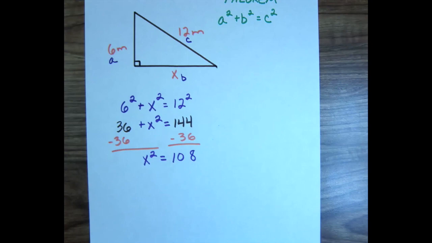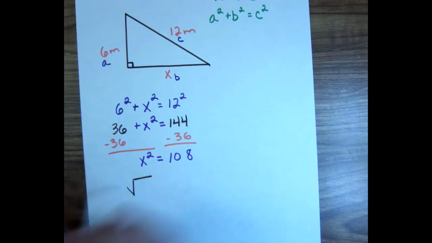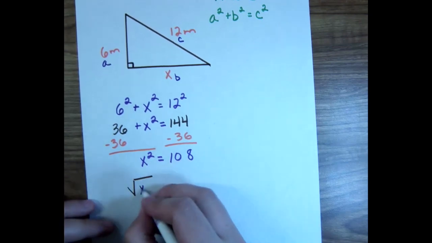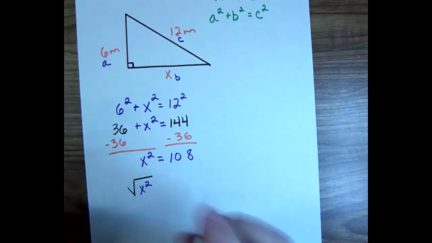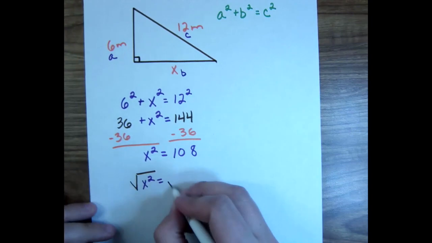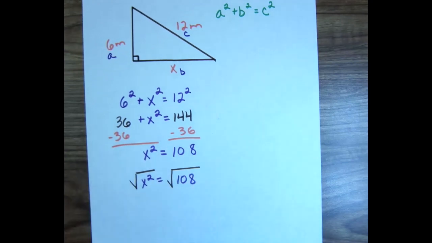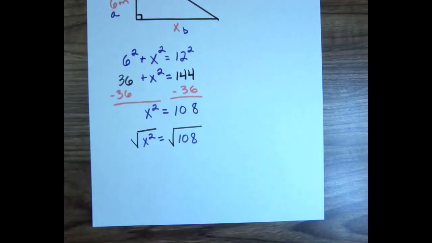How do I make that happen? How do you get rid of squared? Square root. The square root of x squared is equal to the square root of 108. You square root both sides. Square root and squared cancel each other out. So the square root of x squared is x.